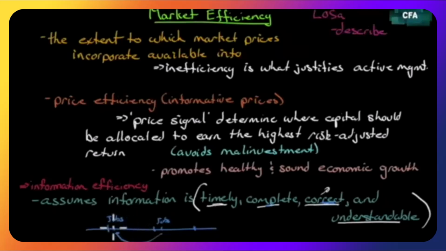So if you have a belief that the information arriving is not correct, it will be incorporated into prices efficiently, but will lead to wrong prices. So we have to look at all information that lands in the market and ask ourselves, does everyone understand it the same way? Does everyone use it the same way?